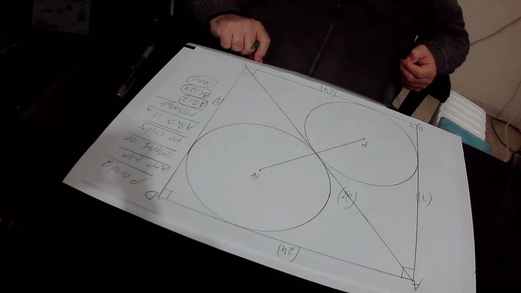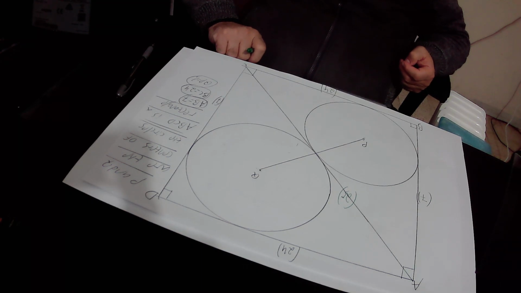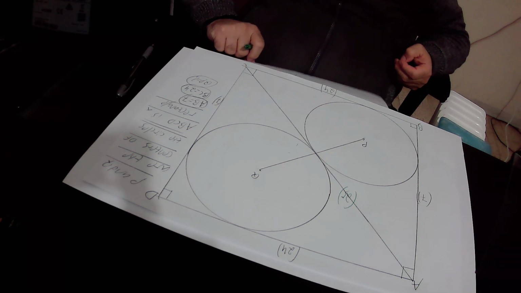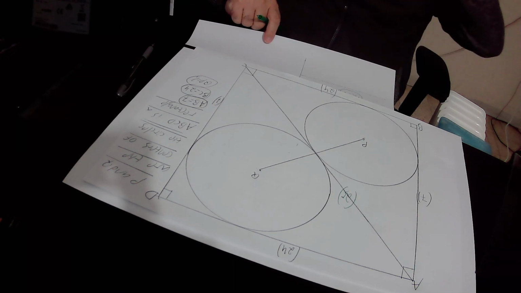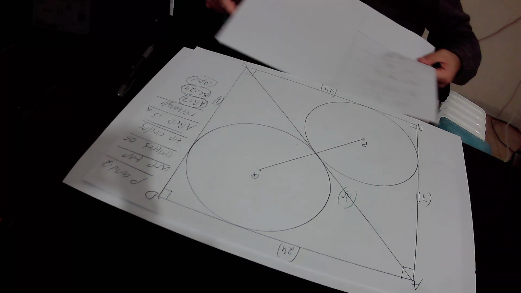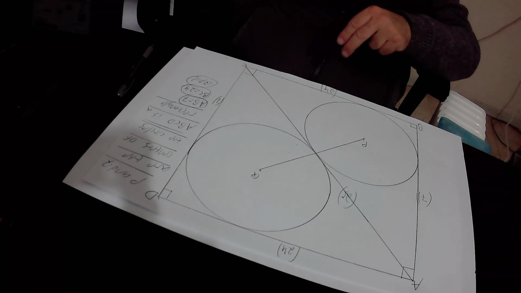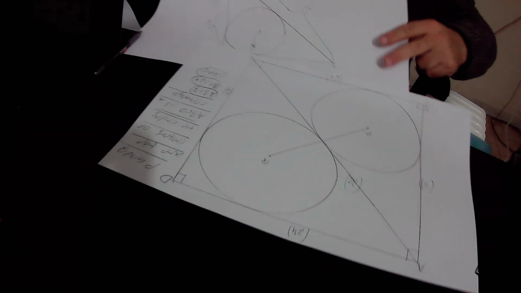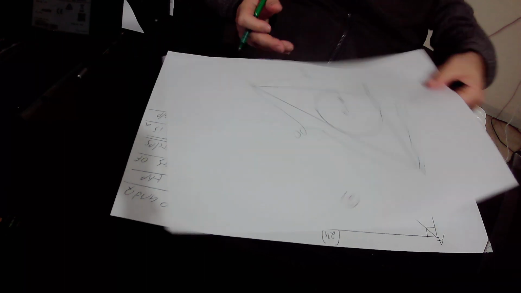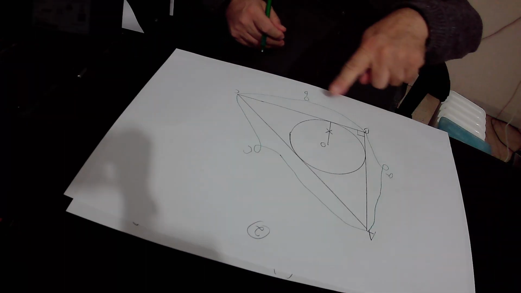In the next step, we will develop a general formula for the radius of any circle that is blocked by a right triangle. So here triangle ABC is a right triangle.